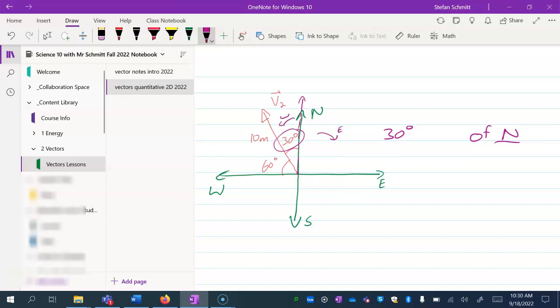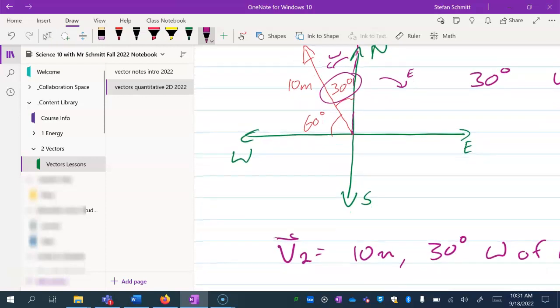In this case, we want to turn 30 degrees towards the west of north. Sometimes I think maybe a better preposition would be "from," because we turn towards the west, starting from the north. That's how we specify the direction. So this vector, V2, is 10 meters, 30 degrees west of north.